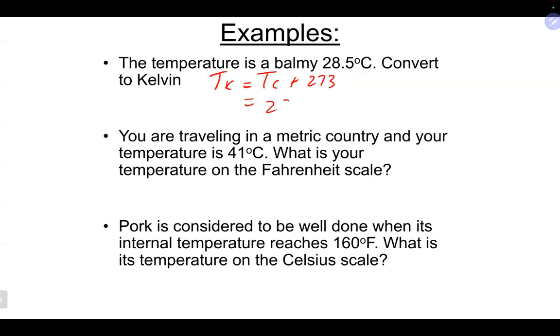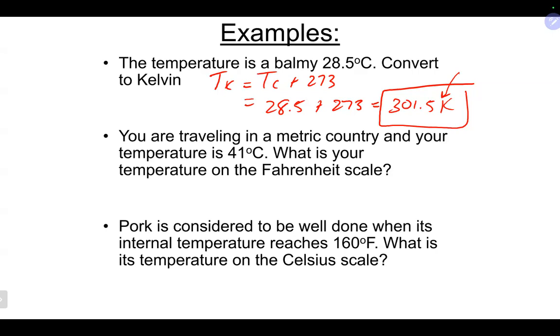That means we got 28.5 plus 273, and that is going to get us 301.5 Kelvin. So once again, no degree Kelvin on that. It's just Kelvin. The original value went to 1 decimal place, so we took the converted value to 1 decimal place. Any questions on that?